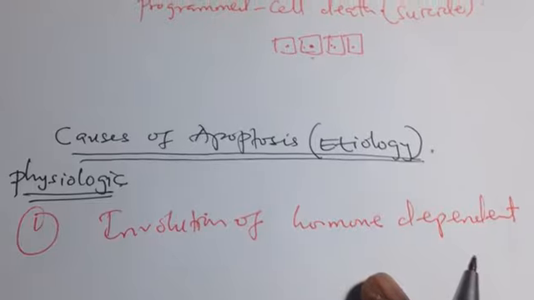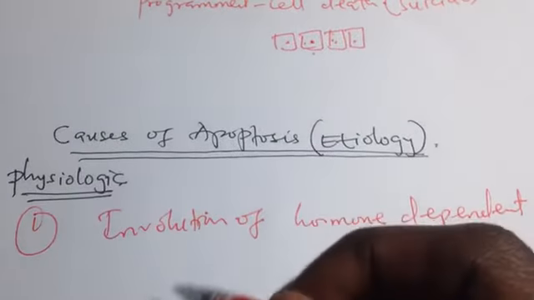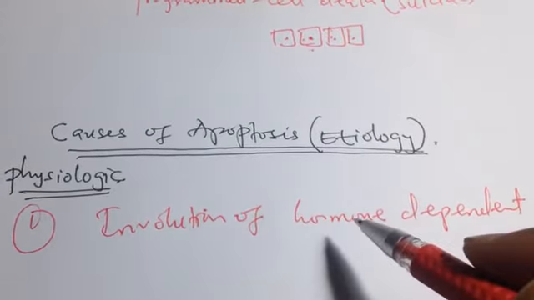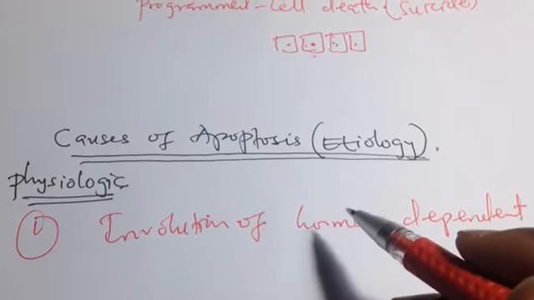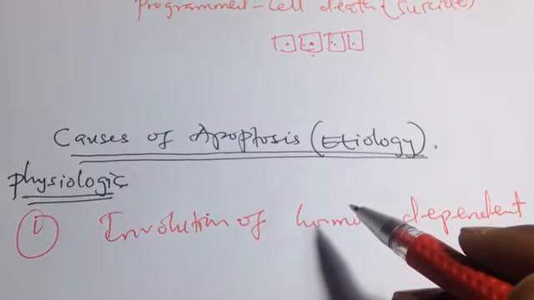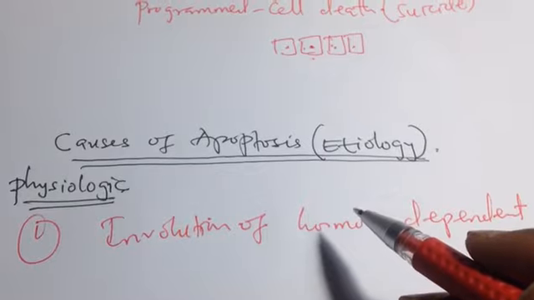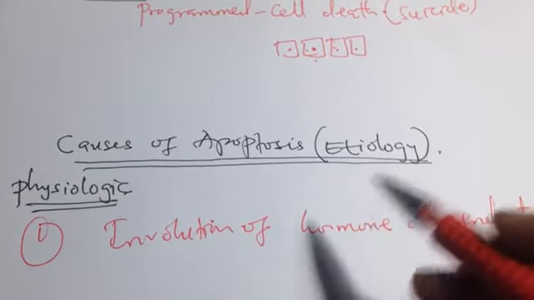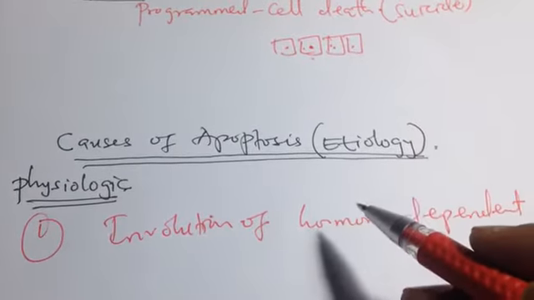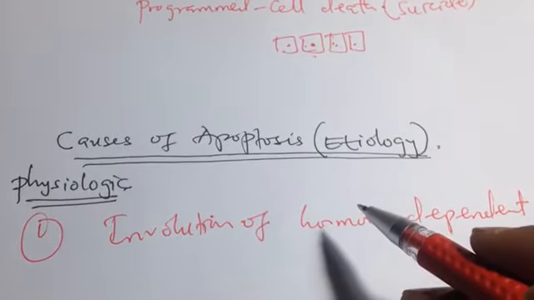So what do we mean by involution? Involution means a decrease in size. For example, as we already know, the uterus increases in size about 100 times in a pregnant woman compared to a non-pregnant woman, because in pregnancy there is an increase in estrogen and progesterone.